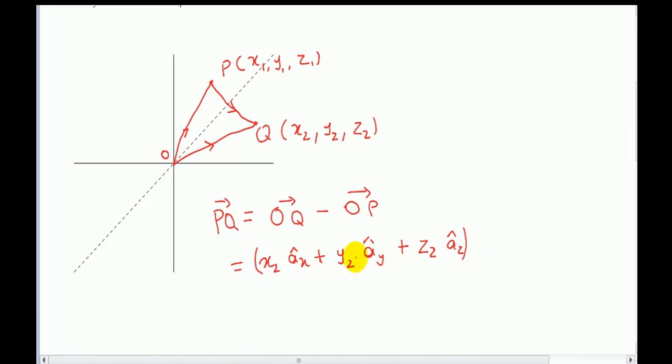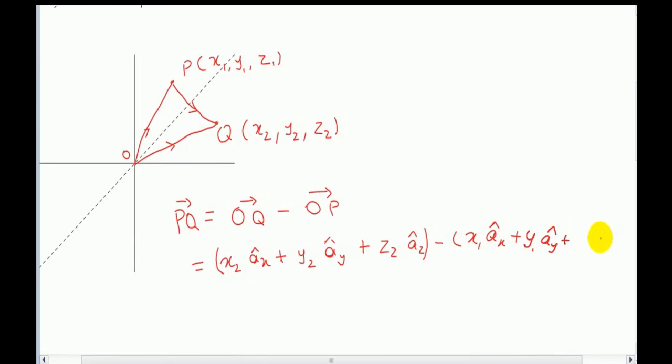Now minus the OP vector, which, as I have written earlier, is x1 ax cap plus y1 ay cap plus z1 az cap.